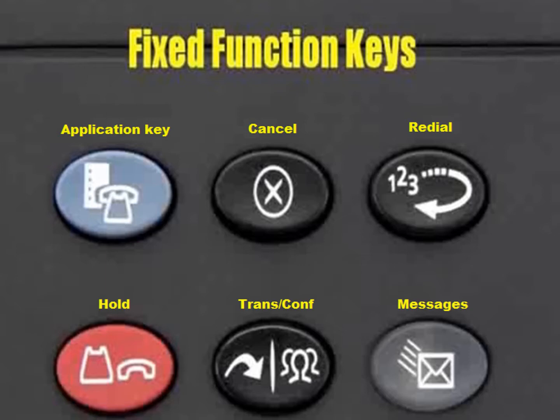You'll notice directly above it is the cancel key. Say I'm setting up a conference call and I want to add you in, but I call out to you and it goes to your voicemail. I don't want to connect the voicemail, but I need to get back to the conference. So I can hit that cancel or release key above it, and it will bring me back to the callers. So it'll work for conference.